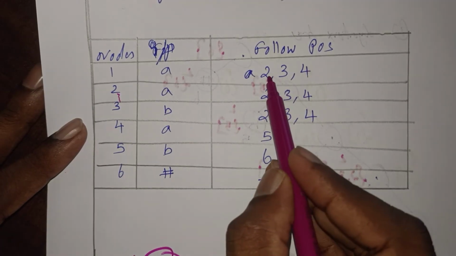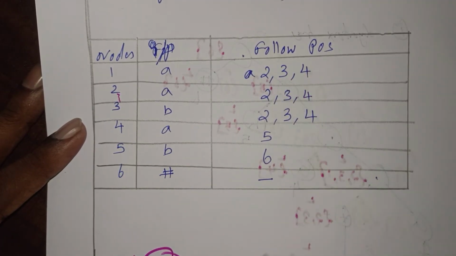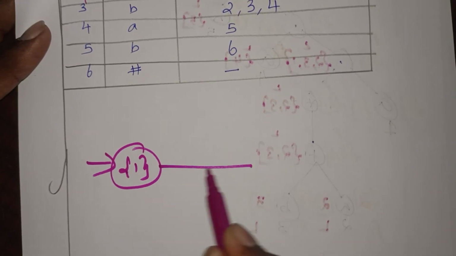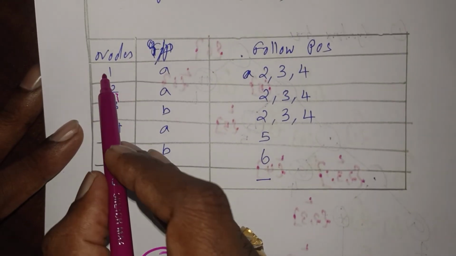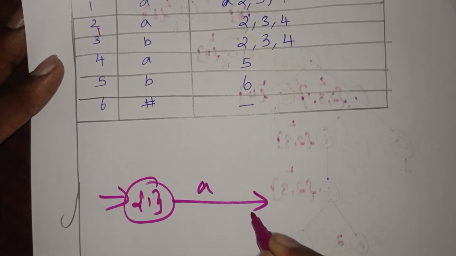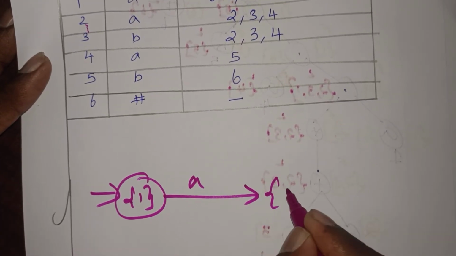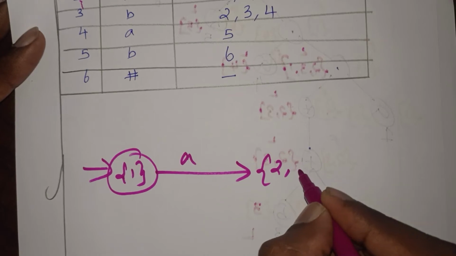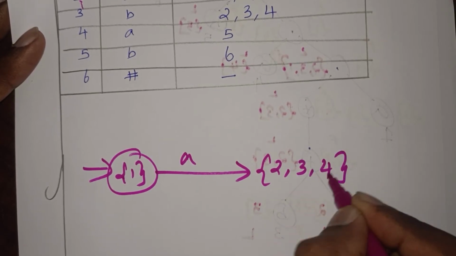Right? So now I'm going to take this 2, 3 and 4 as a new set. So node number 1 is taking A, and it is reaching the follow position set 2, 3 and 4.